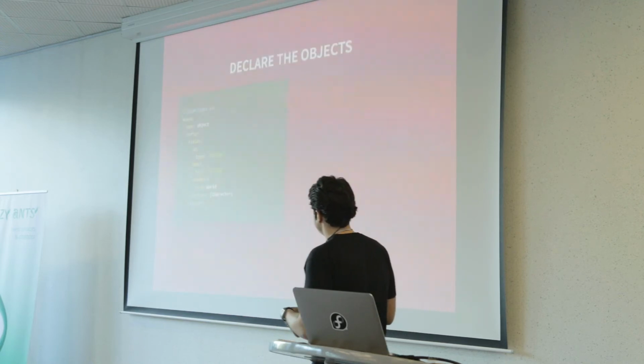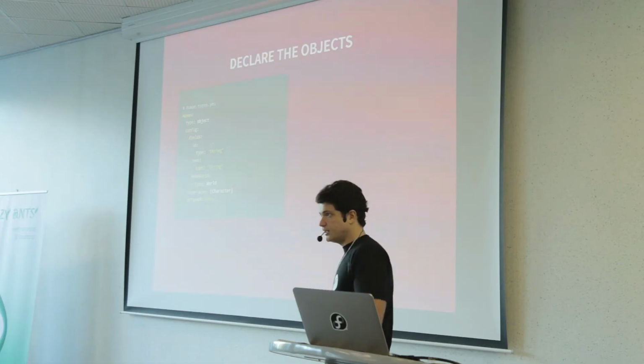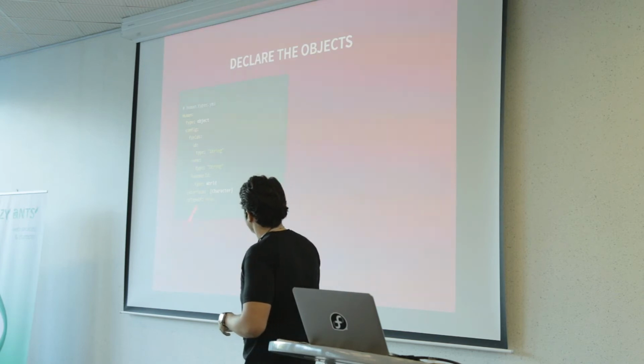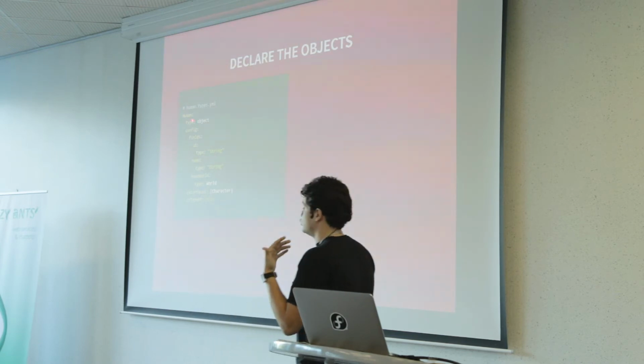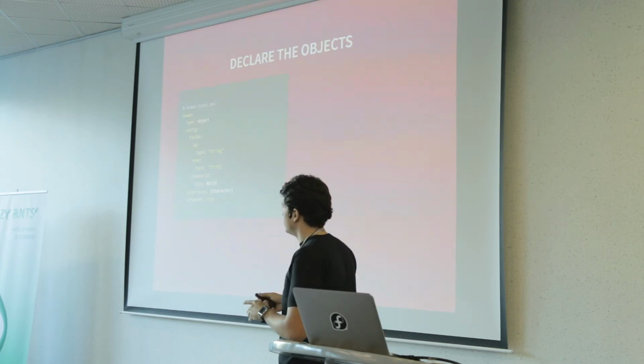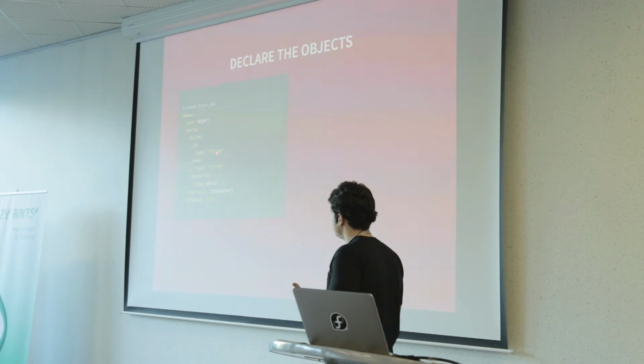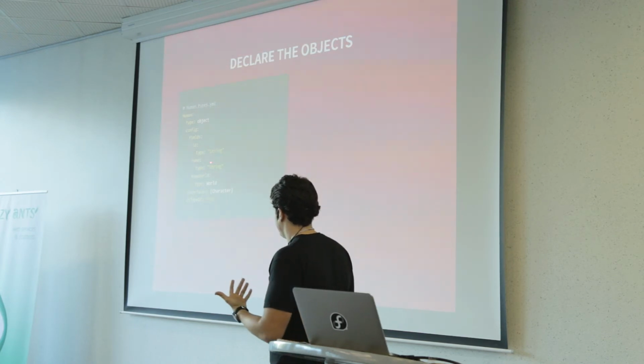Okay, we created this interface, and now we can create the human and just extend from this interface, just like we do in OOP. So in here, okay, now we have human. Now it's going to be a type object. So that's actually going to be a real type inside our GraphQL. Again, same fields because we are inheriting from the interface. So it's going to be ID and name.